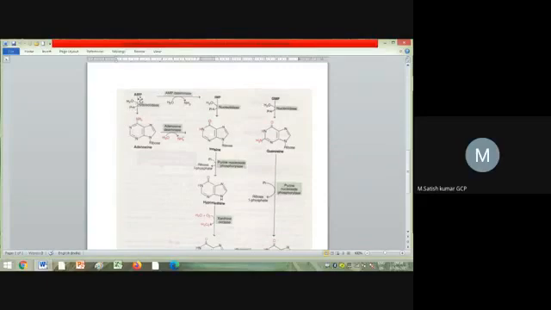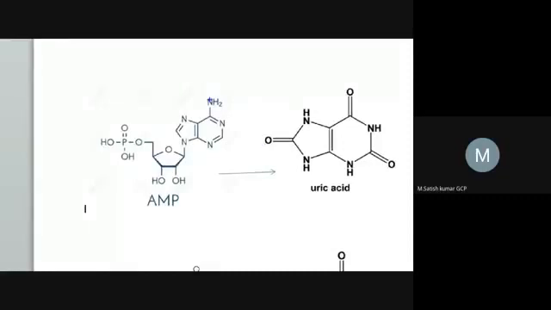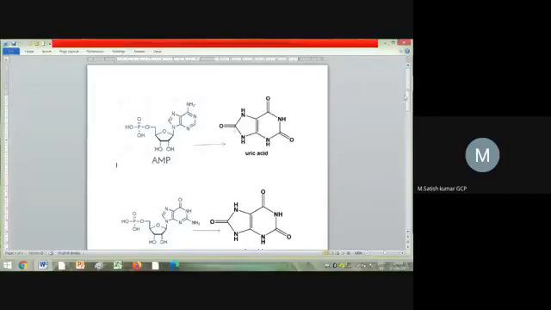This is one way of degradation. The second way of degradation is, first the phosphate molecule will be detached from the molecule, and after that the amine group will be detached from the molecule.